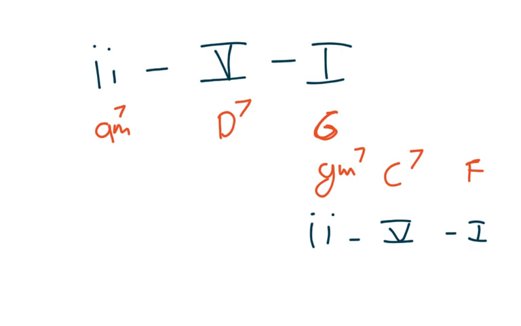So if we're in the key of C, we're going to hear, right? So that 2, 5, 1, and then it could keep going. It could keep on meandering down as long as it wanted to down in that bass line. But that's what you're looking for.